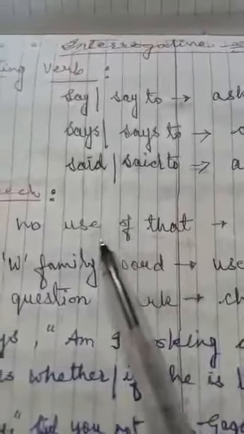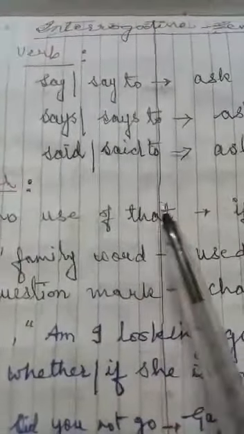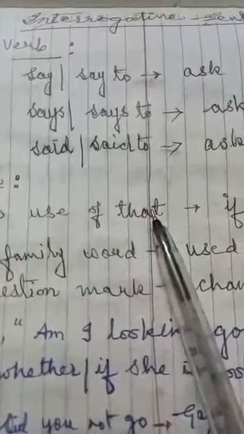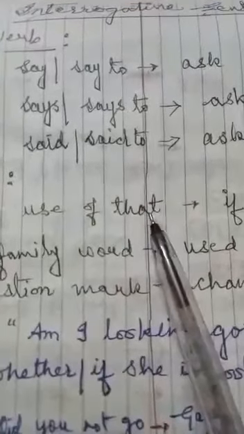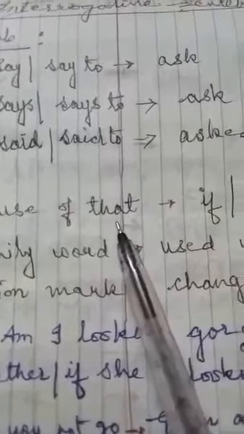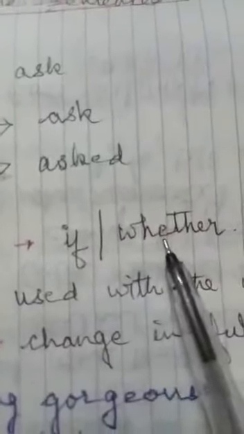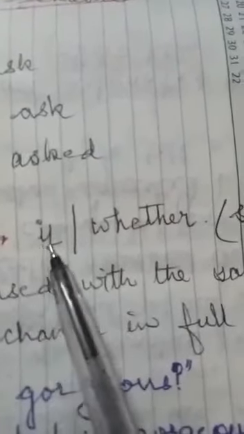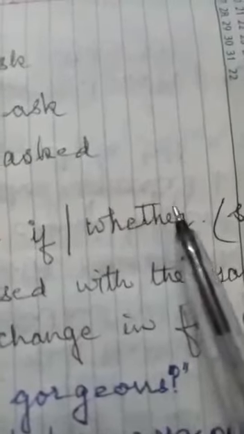Okay, so what is the rule for the reporting verb? We don't use that. In the previous part, as I told, the inverted commas are omitted and we use that instead. But here we use if and whether, where the interrogative word is changed into if and whether.